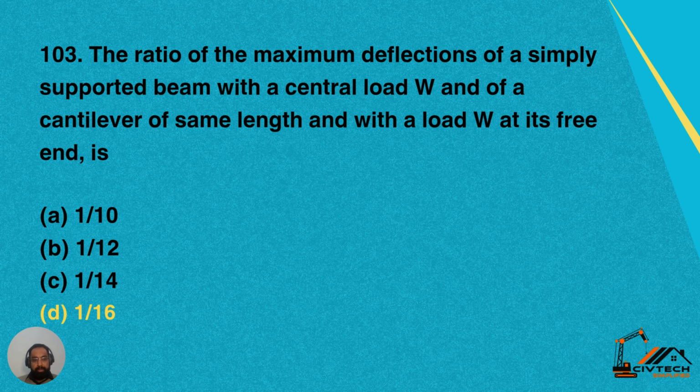Option A 1 by 8, option B 1 by 12, option C 1 by 14, option D 1 by 16. So yes, D is the correct answer. The ratio would be 1 by 16. So D here would be the correct answer for this question.